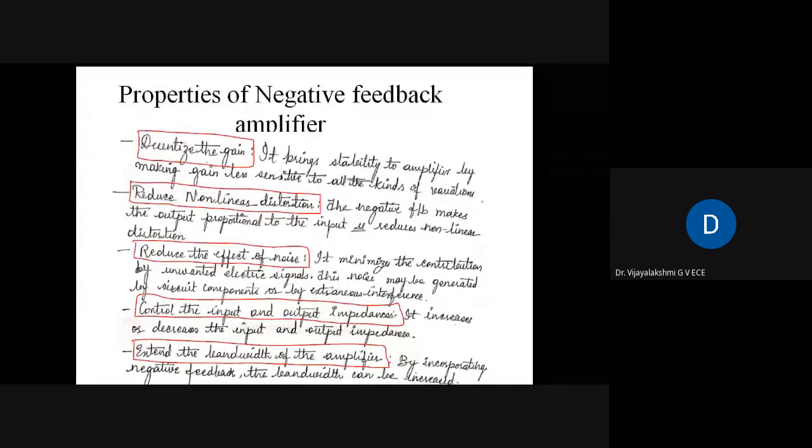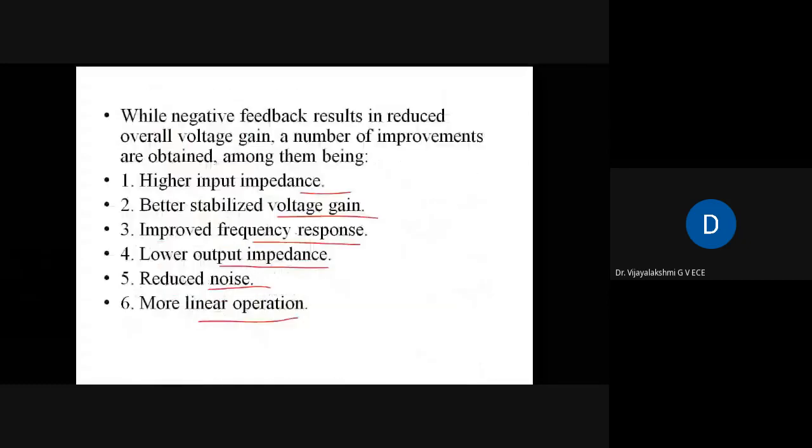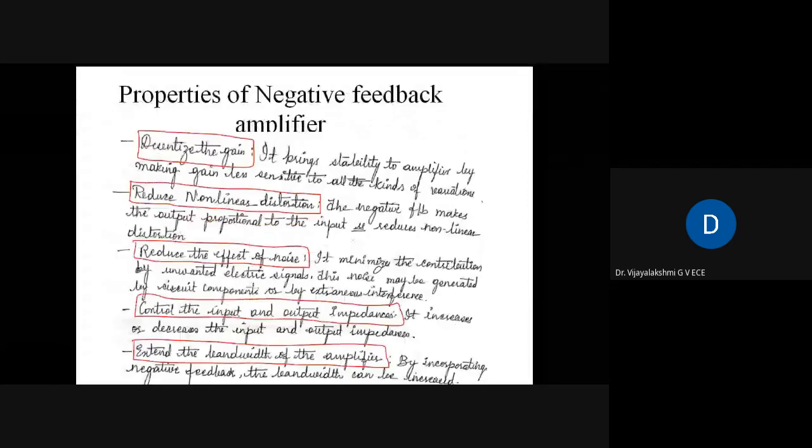It is desensitizing the gain. That means it is bringing stability. It is maintaining the stability of the amplifier. That's what I told you here: better stabilized voltage gain. What do you mean by better stabilized voltage gain? Whenever you design an amplifier for a particular gain, that gain has to be less sensitive towards the various parameters that may affect it.